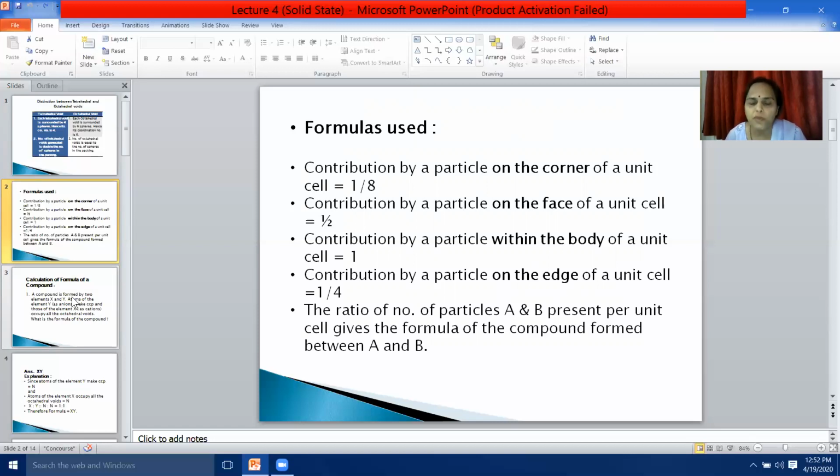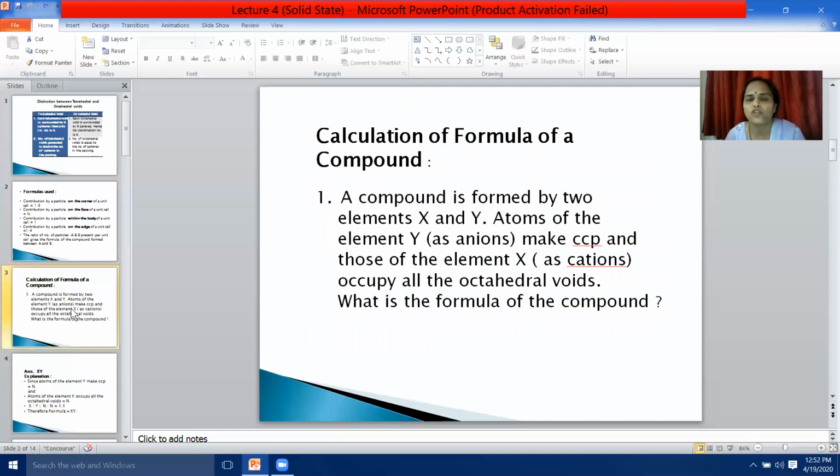Keeping these in mind, we can calculate the ratio of the number of particles A and B present per unit cell. That gives the formula of the compound formed between A and B. Let us use these formulas for calculation of the formula of a compound. I have given you one question. You can see it on the screen.